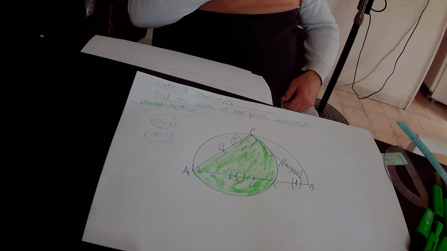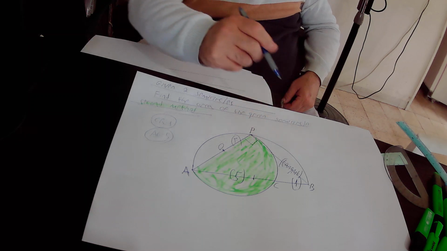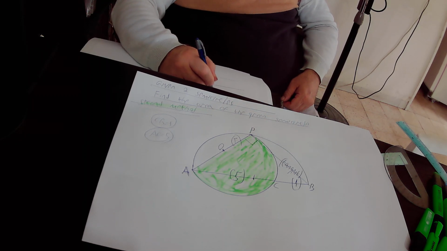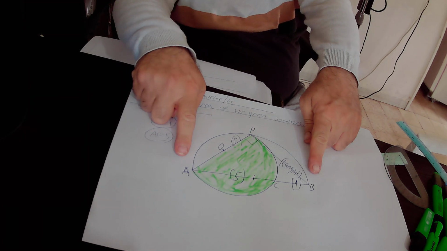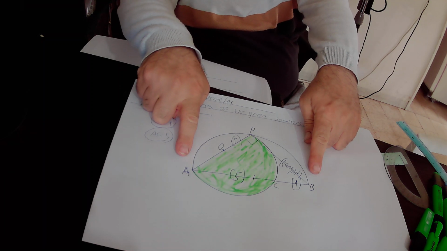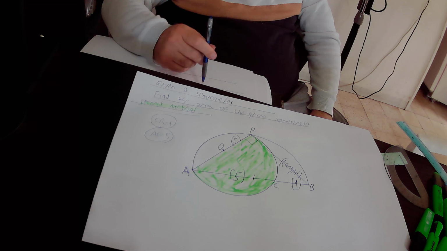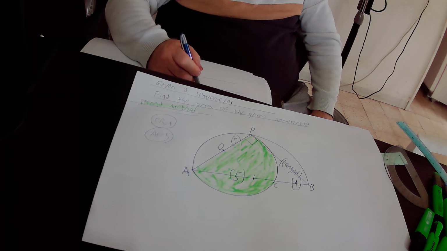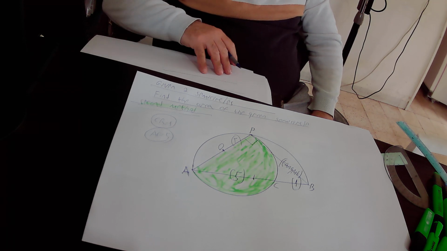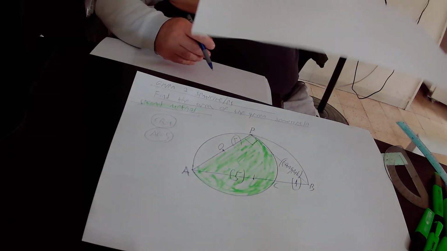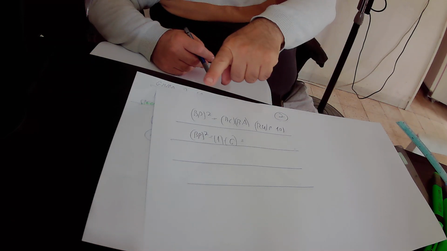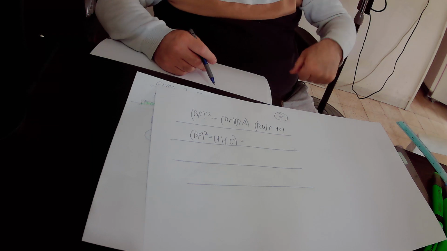BC is 1, so we substitute BC by 1, times BA. BA in total equals 5 plus 1, that is 6, so we substitute BA by 6. In conclusion, according to rule 10, BP square equals 1 times 6, that is 6.